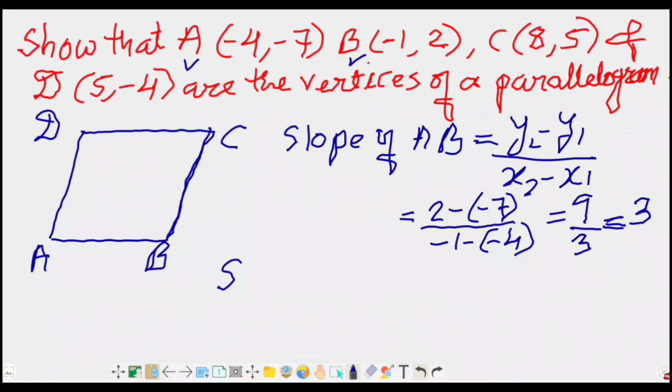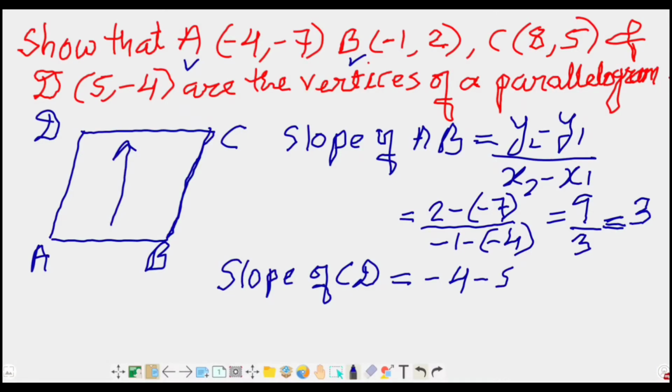Now same way I will find out the slope of its opposite side. That means CD. So for that consider the points C and D. So minus 4 minus 5 upon 5 minus 8. This will give you minus 9 upon minus 3.